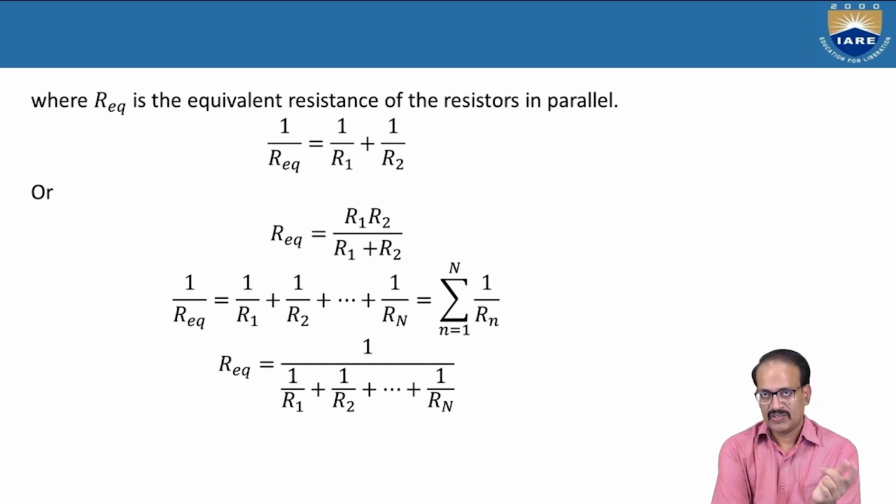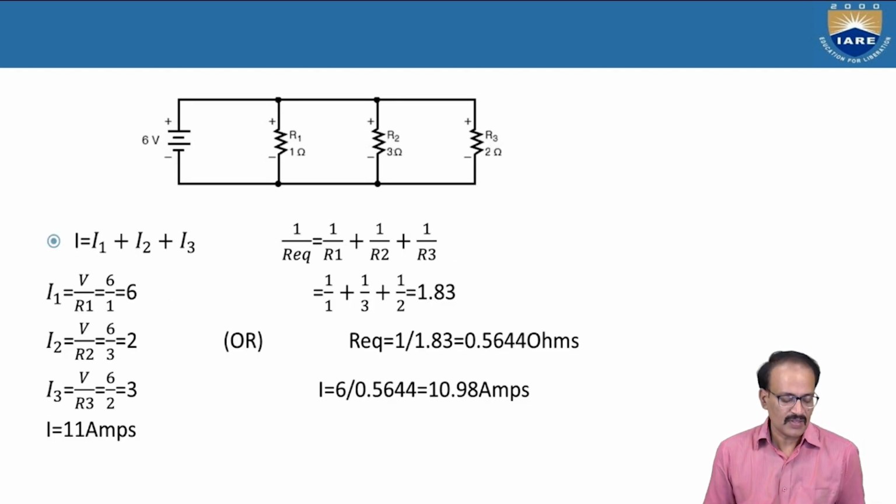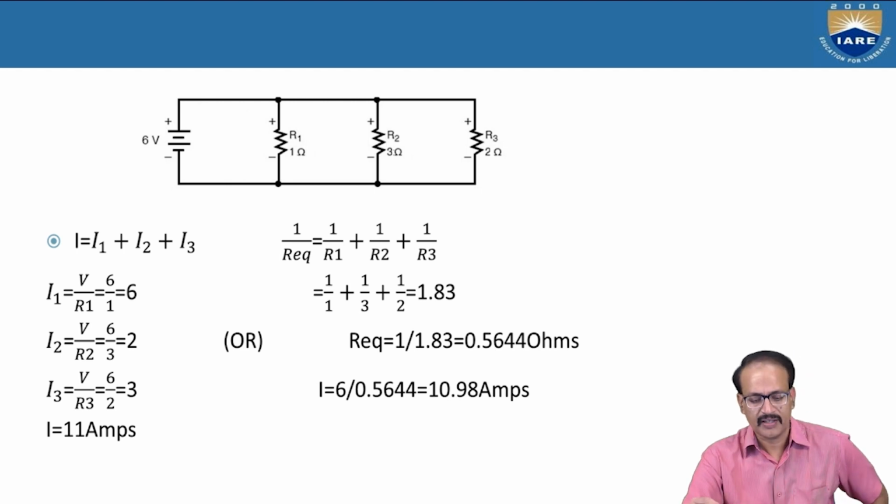We have discussed the resistance in the series circuit, the resistance in the parallel circuit, and also see this diagram. The source is 6 volts and R1, R2, R3, so 3 resistances are there. These are parallel. These nodes are telling it is a parallel circuit.